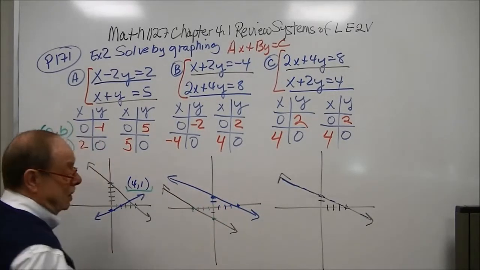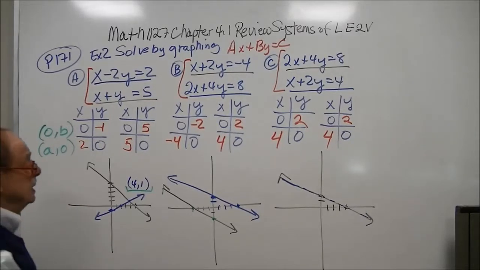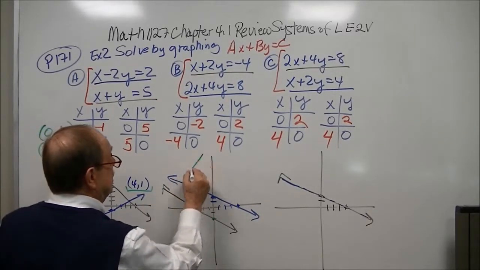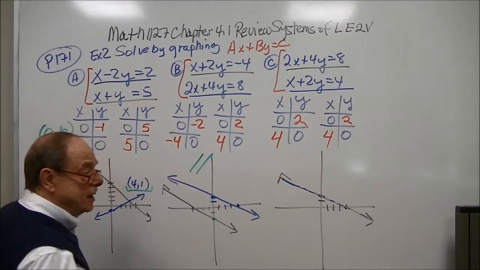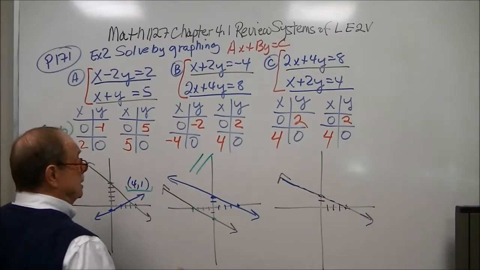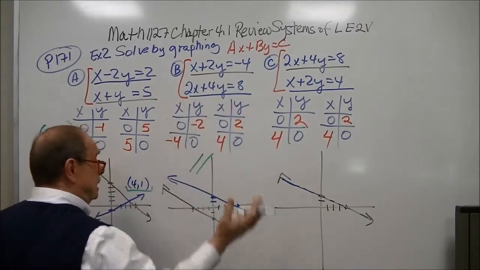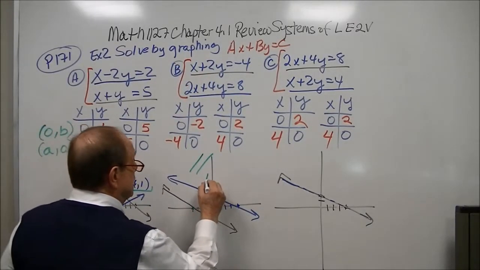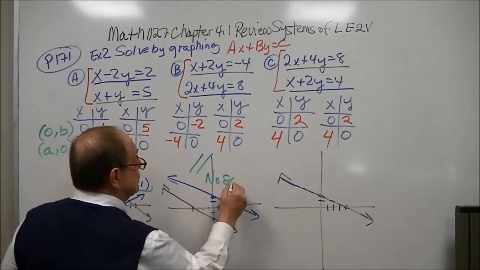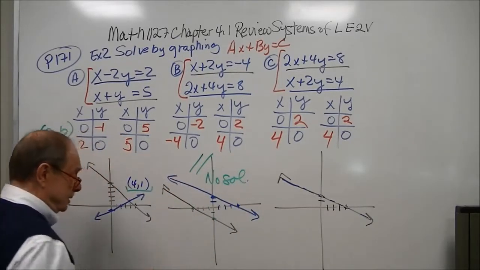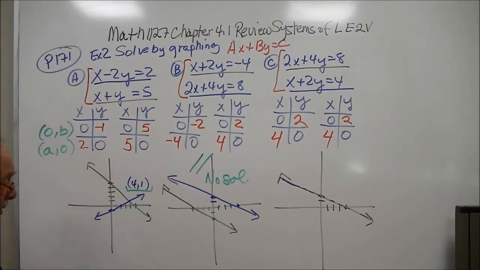And again, I didn't draw the lines very well, but these lines are in fact what we call parallel. They're never going to intersect. So for a series of equations that are like this, there's not going to be a solution. So we say there's no solution when the lines are parallel like this. There's no point of intersection.